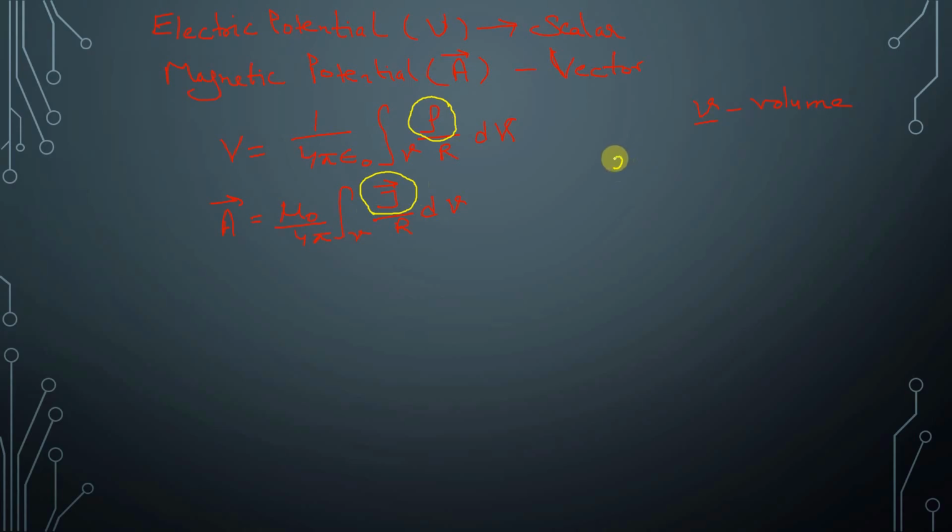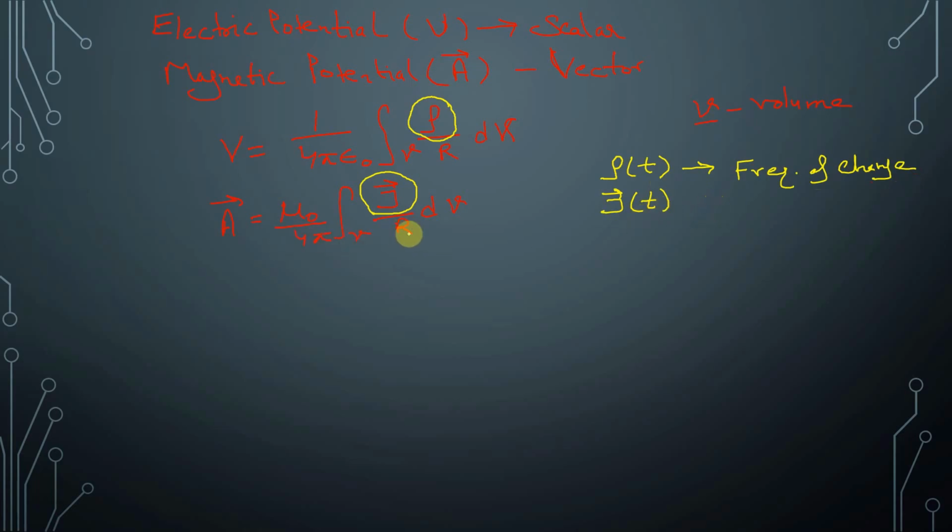Now if rho is changing with time, and this change is very large, that is, rho and J are changing very fast with respect to time, so the frequency of change is very high.